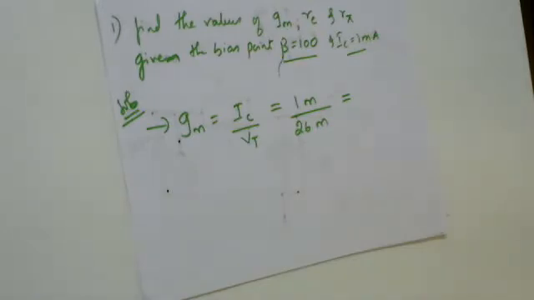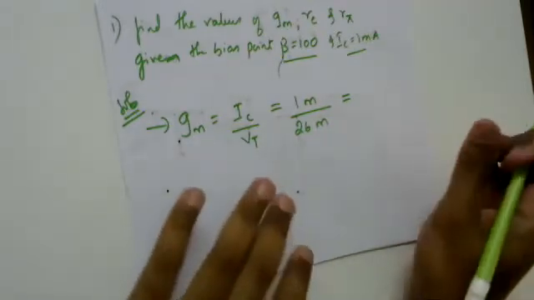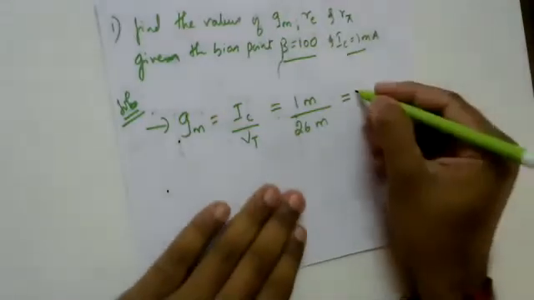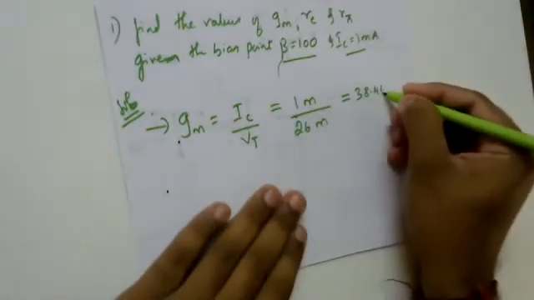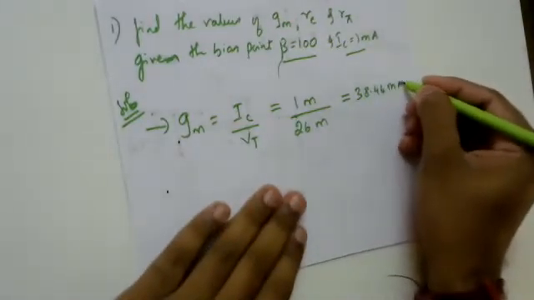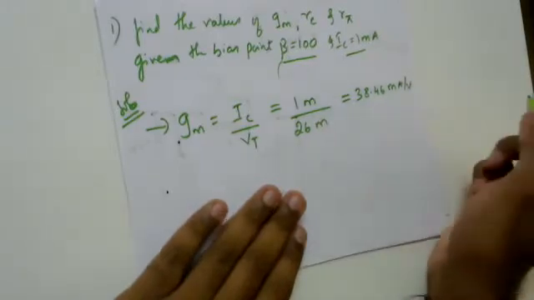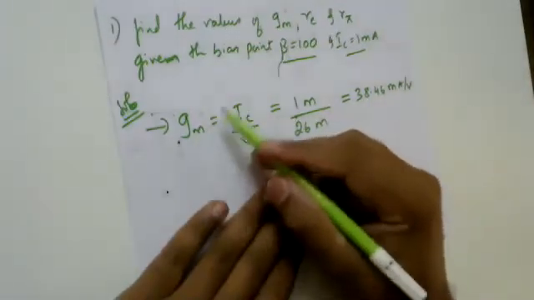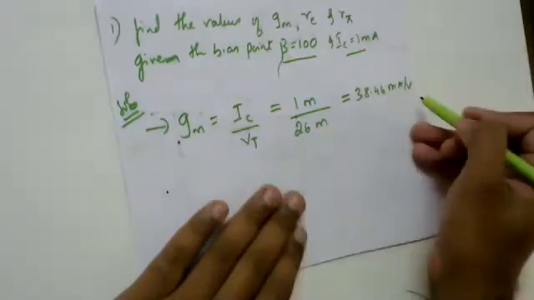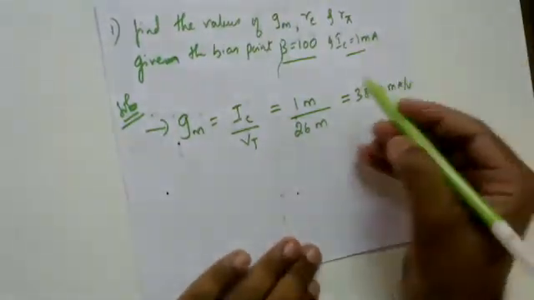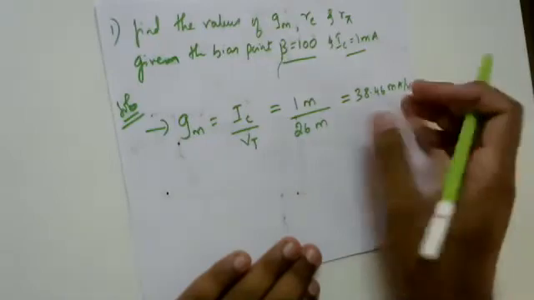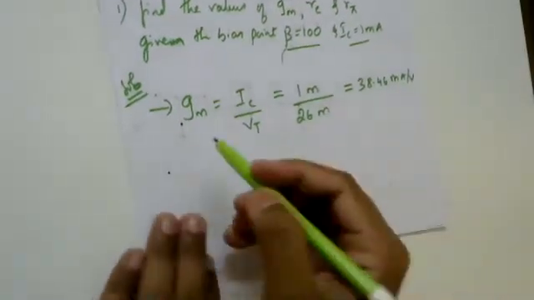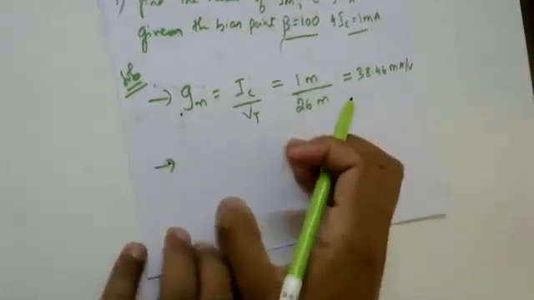So this turns out as 38.46 milliampere per volt, because it's a transconductance. Amperes per volt, SI units, ampere per volt. Then the second parameter. What's the second parameter?